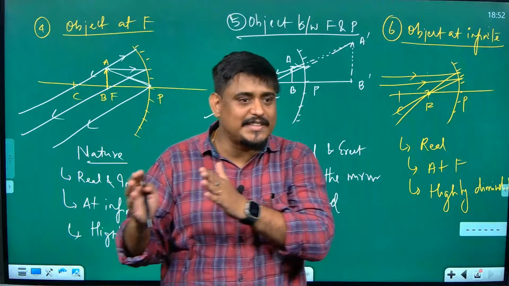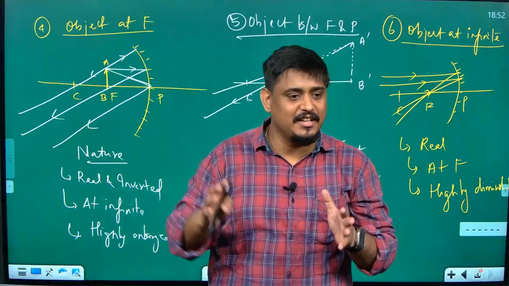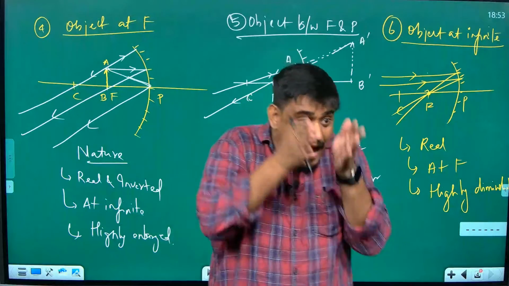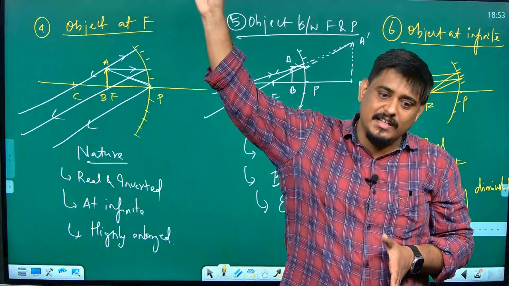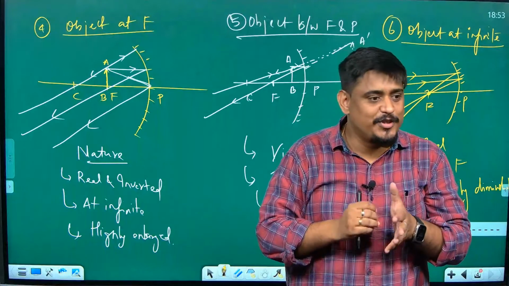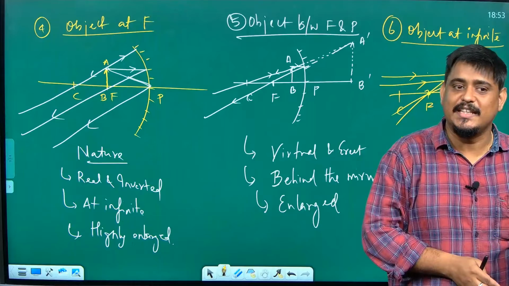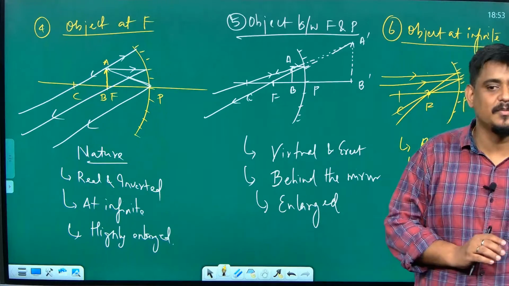Object comes between C and F, image goes beyond C. Real, inverted, enlarged. Object goes at F, image goes at infinite. Real, inverted, highly enlarged. Object goes between F and P, image goes inside the mirror, virtual, erect, enlarged.